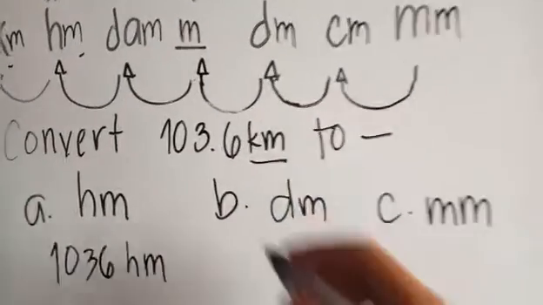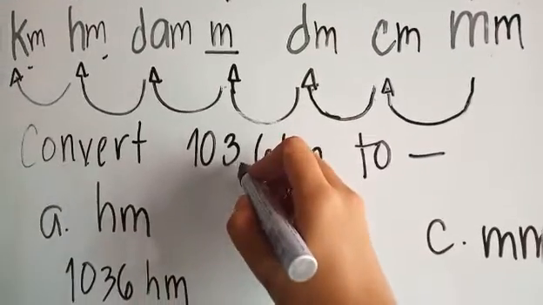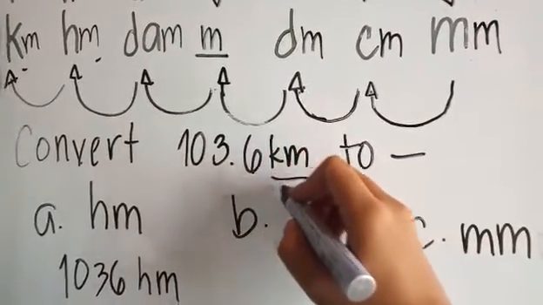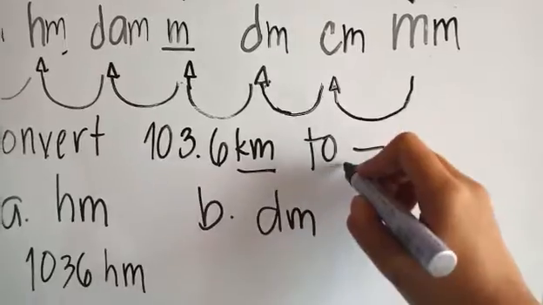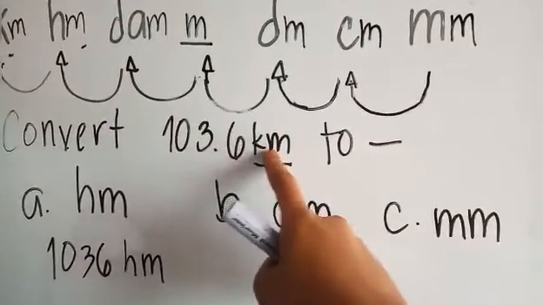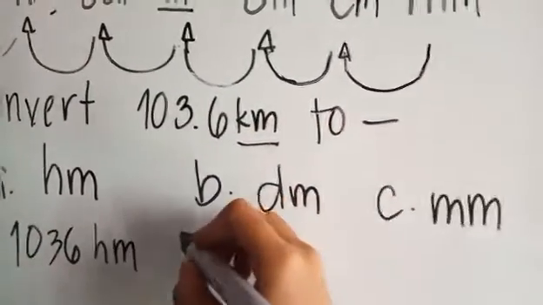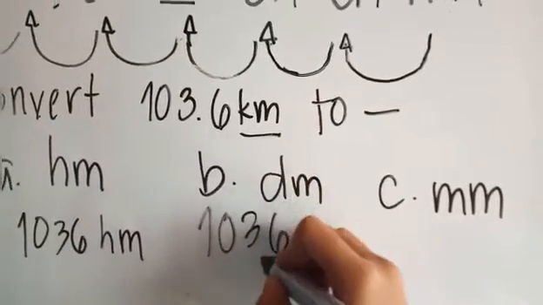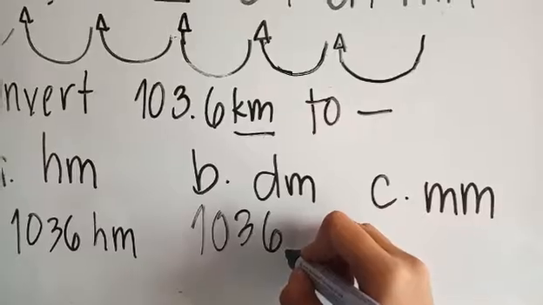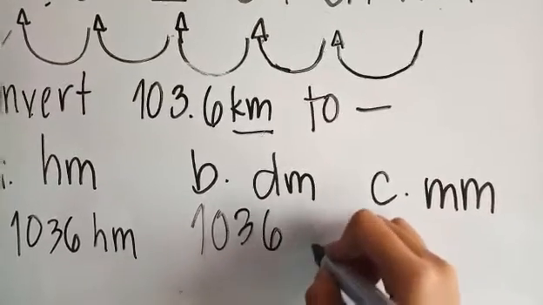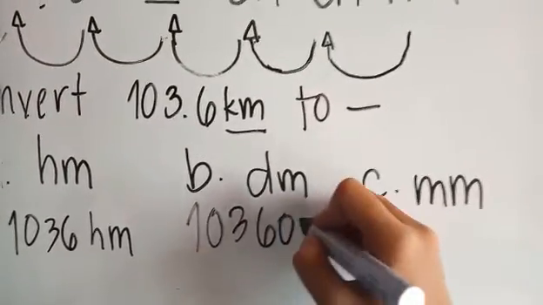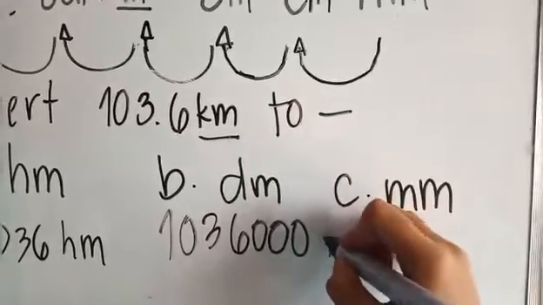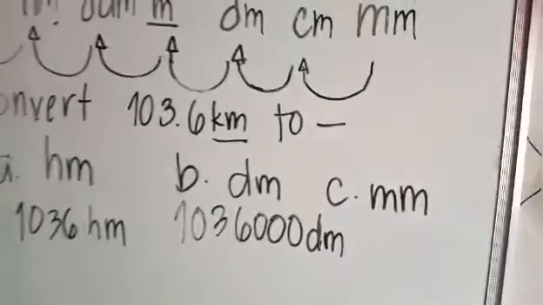So, 1, 2, 3, and 4. This means we add 3 zeros there. So, we have 103, then we have 6. Since it moved 4 times, 1, 2, 3, 4, we add 3 zeros. Then we have now decimeter.